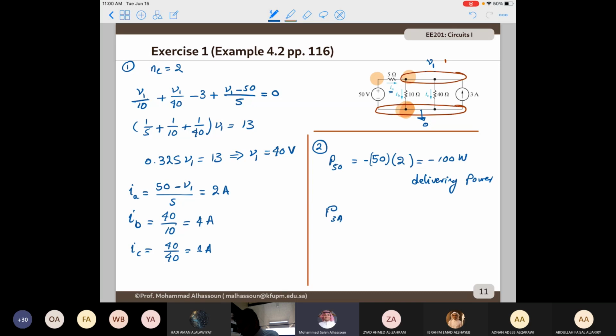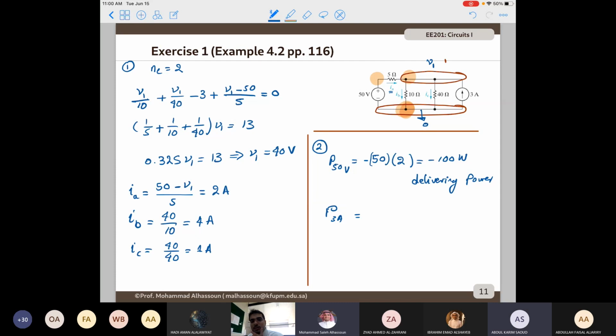Now for the 3 amp source, it's going to be 3 multiplied by 40.